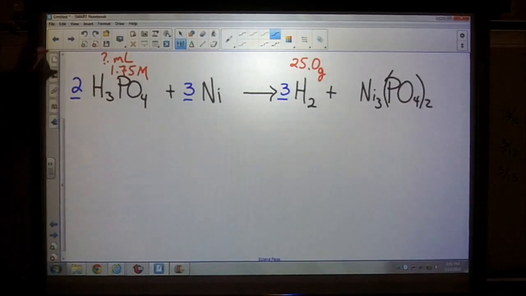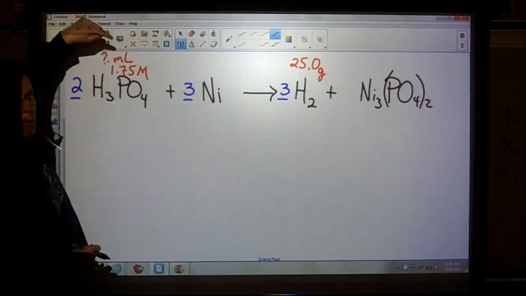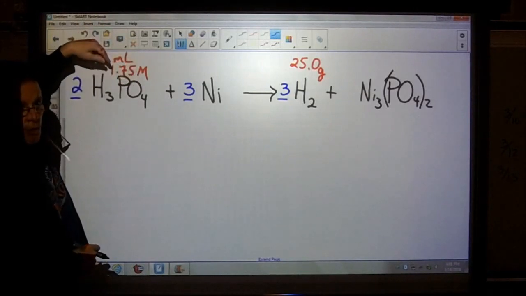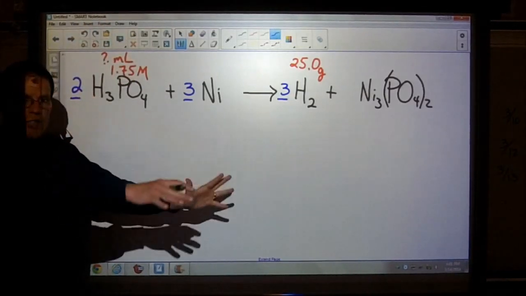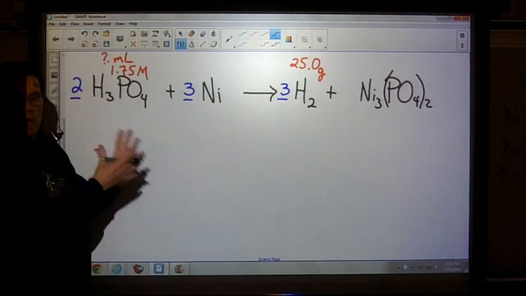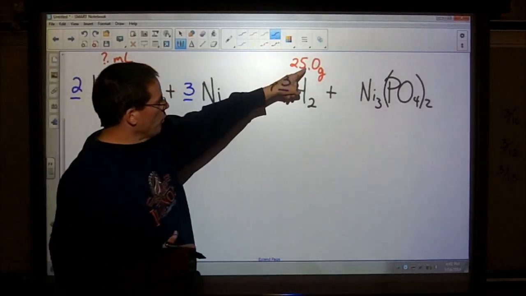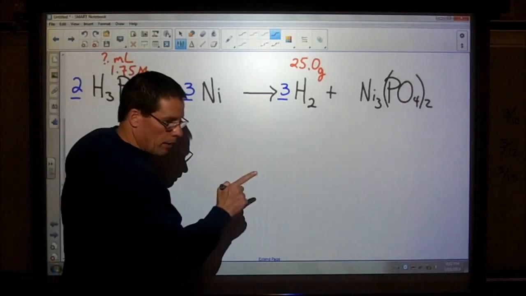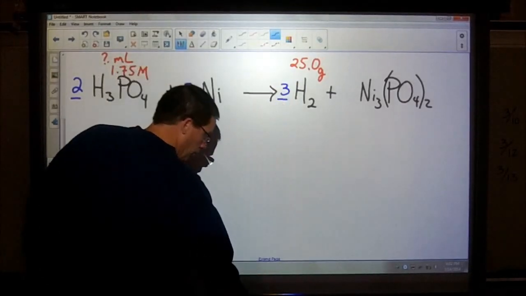So again, do not even think about starting with this information here. Since we're looking for the volume, it has to be at the end. We can't put a volume at the beginning if we don't know it. So start with the thing that will get you to moles. Except I'm not going to write any numbers down. So let's write our units.